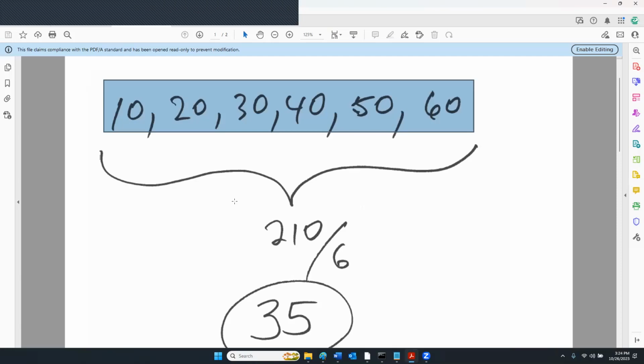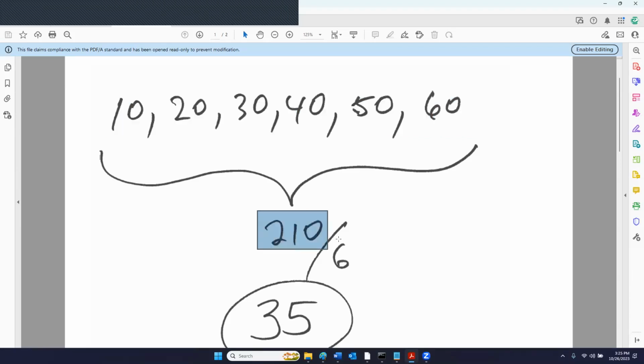It's well defined and it's sensible. If you divide 210, the sum, by the number of values, the count, you get the mean or average. So sum and count are descriptive statistical values, and the mean is another descriptive statistical result.